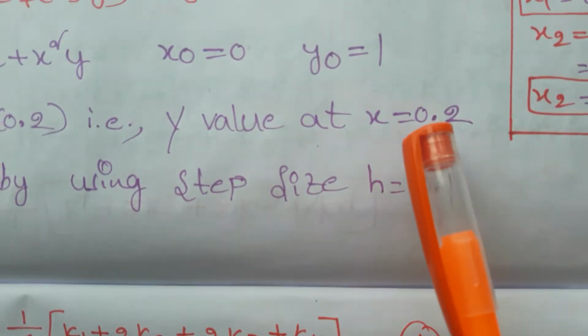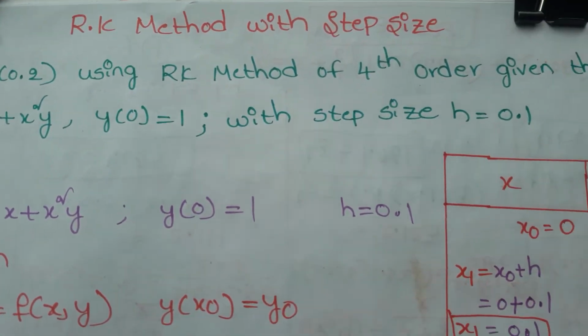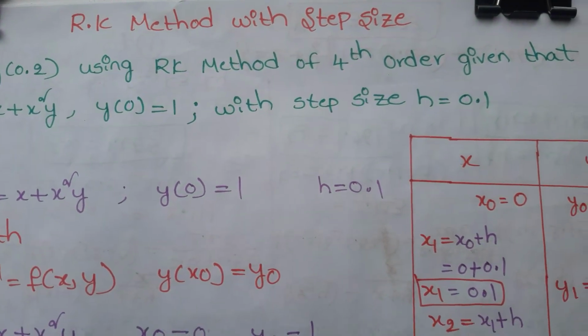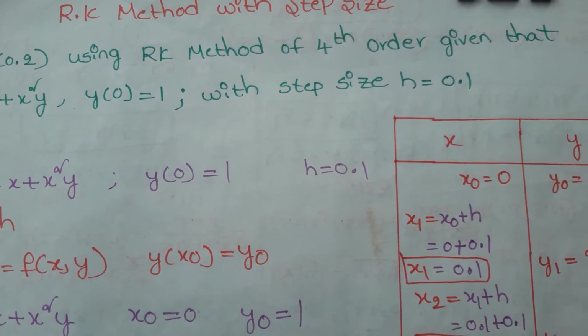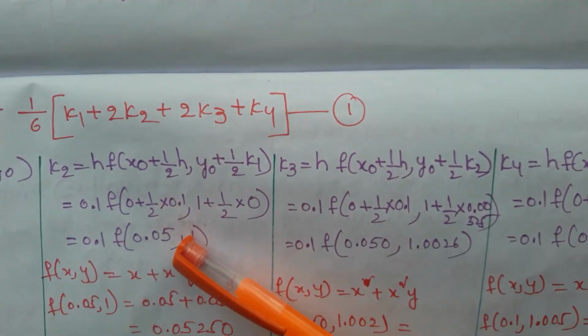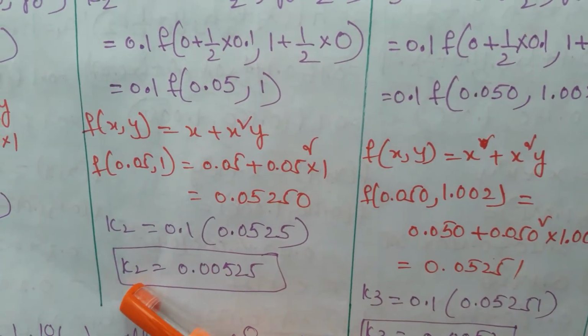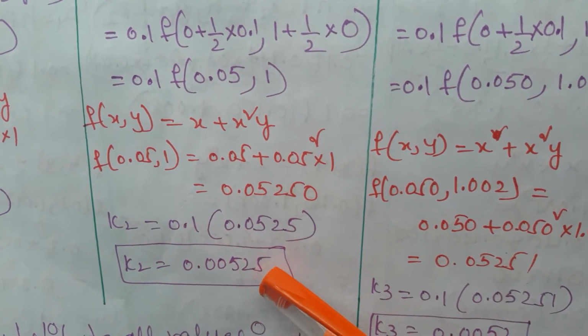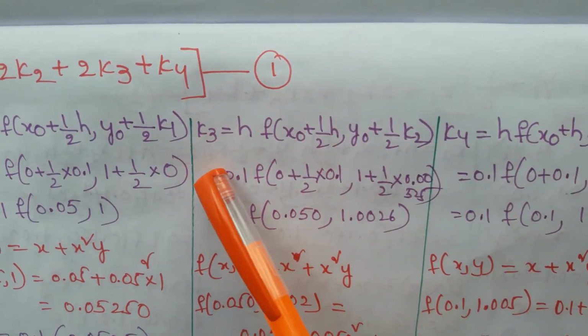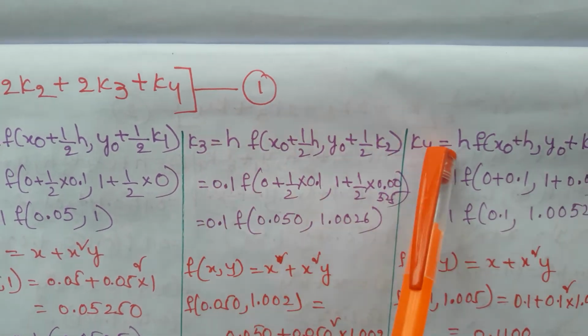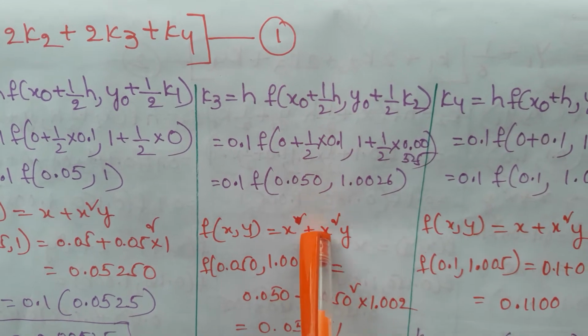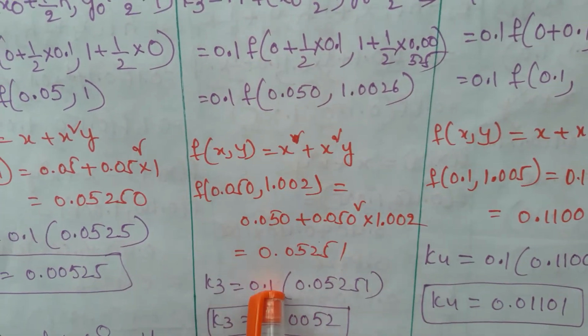In this question they didn't mention any decimal places. In some questions they will say find up to 3 decimals or up to 4 decimals. So you can take anything for this question. So k2 is equal to 0.00525. And find k3 in the same manner. This is the formula, so substitute all the values, and these are very easy.